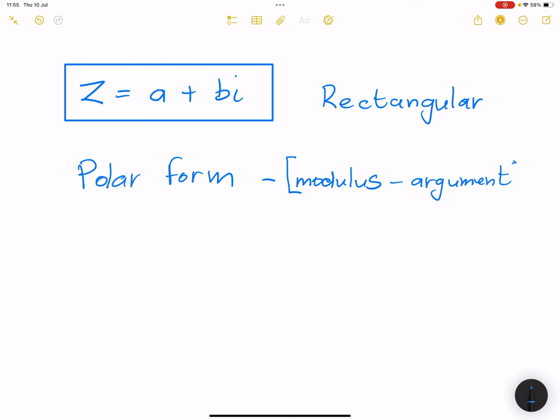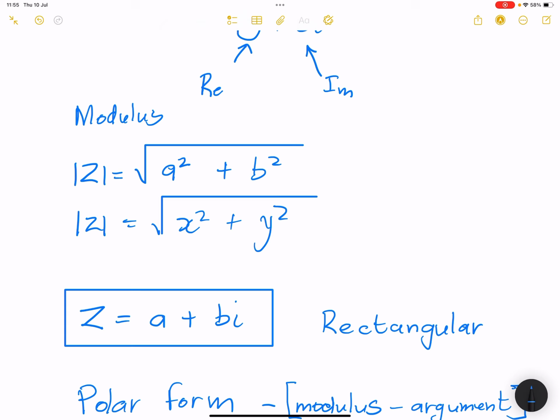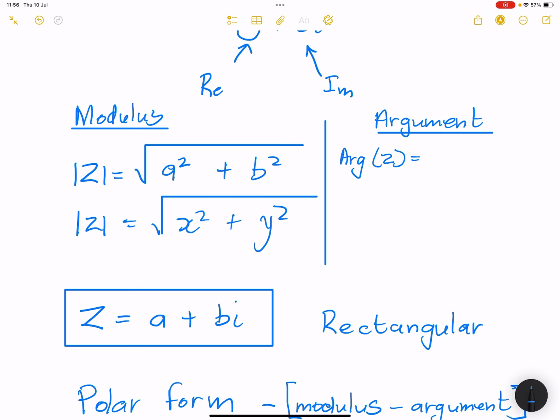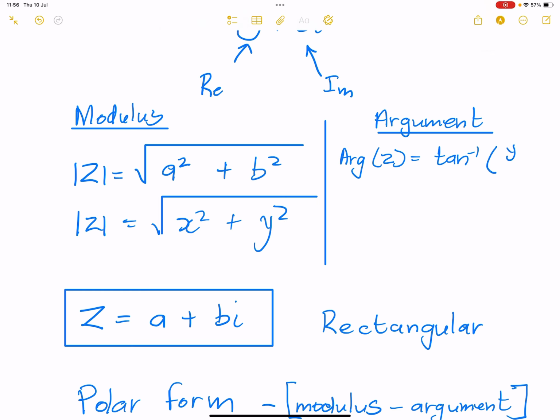In this case, I have shown you how to calculate the modulus of a complex number, and now we can look at the argument of it. How do we look at the argument? Simply put, the argument of any complex number would be arctan of y over x.